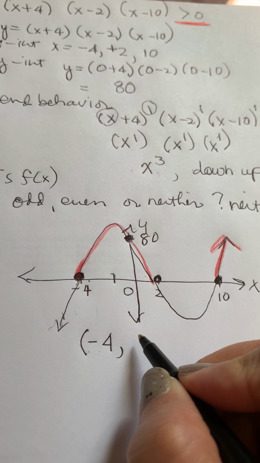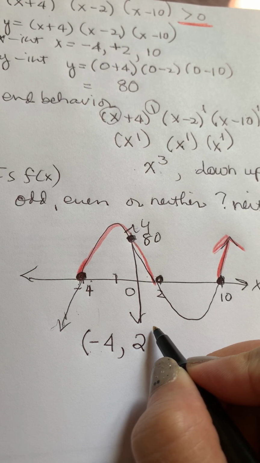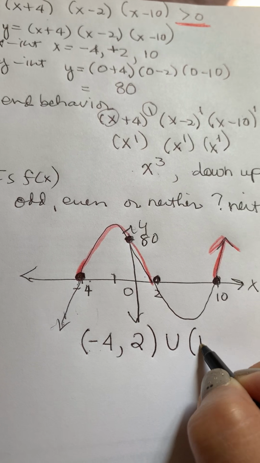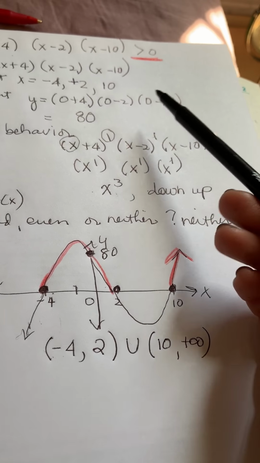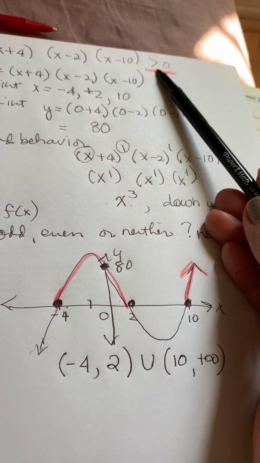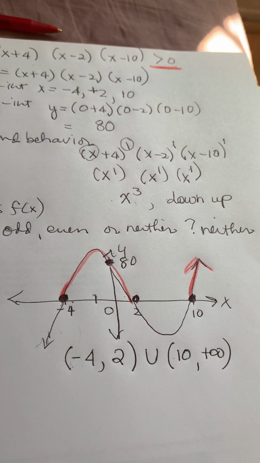So (−4, 2) union (10, positive infinity). Again, had this been greater than or equal, then these would be brackets.